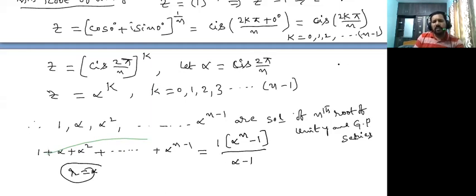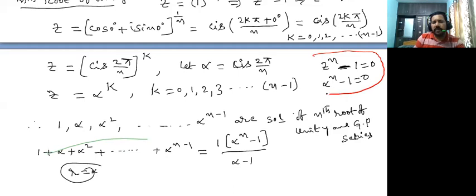So z power n minus 1 is equal to 0. This is the equation. In place of z, substitute alpha. Alpha is one root of the equation. So alpha power n minus 1 is equal to 0 or not?